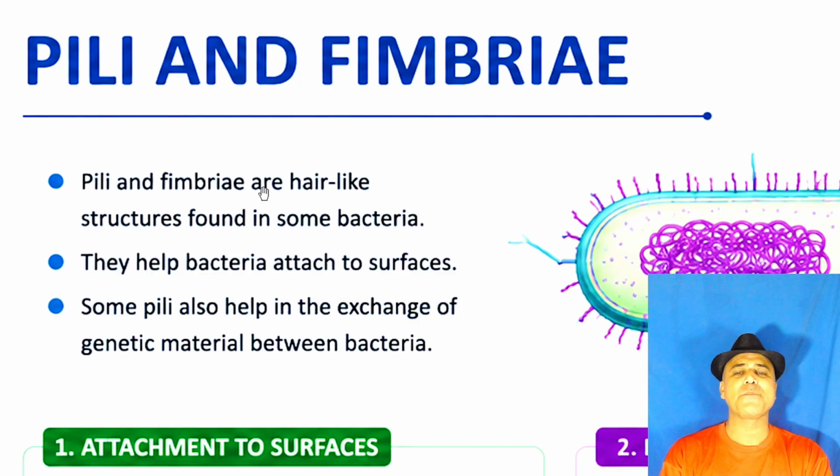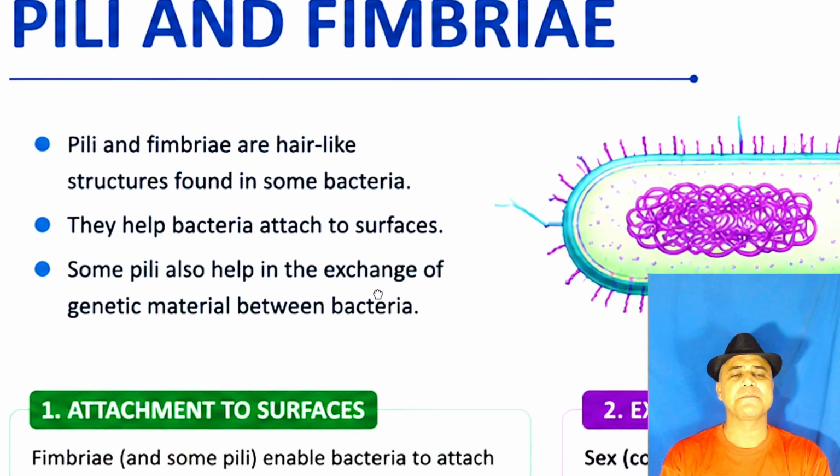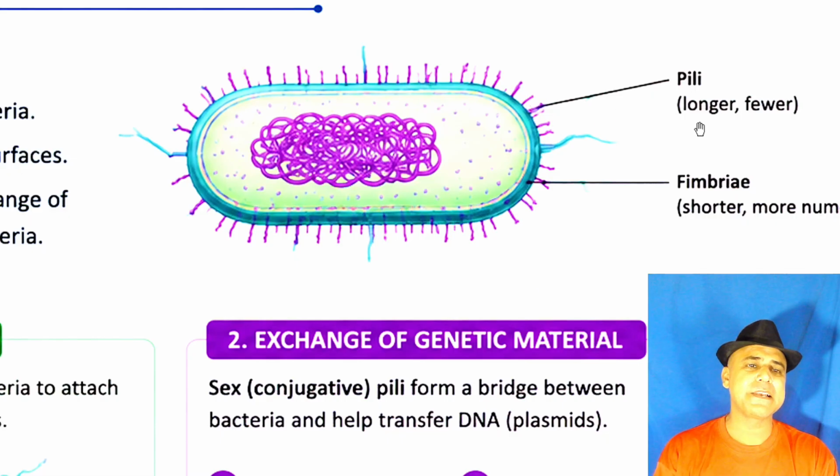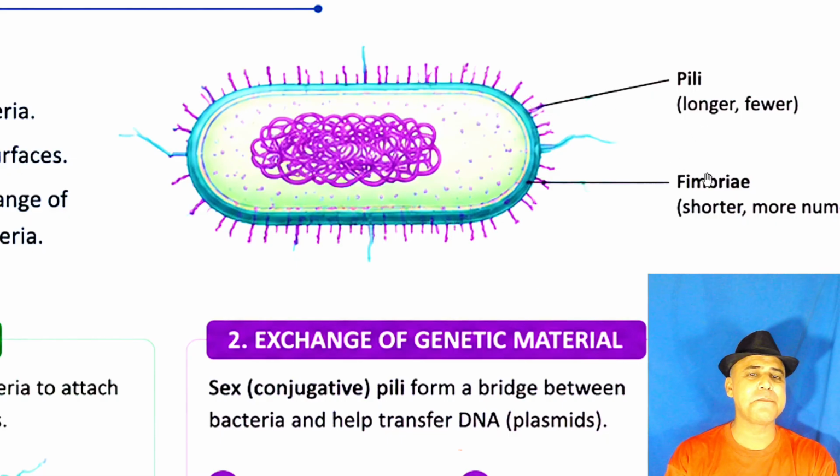Pili and fimbriae are hair-like structures found in some bacteria. They help bacteria attach to surfaces. Some pili also help in exchange of genetic material between bacteria. These are pili, a little bit longer, and fimbriae, these are smaller, shorter, but more in number.